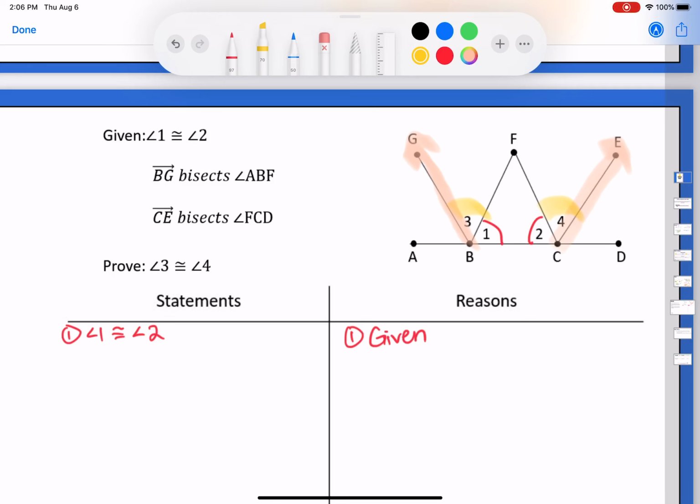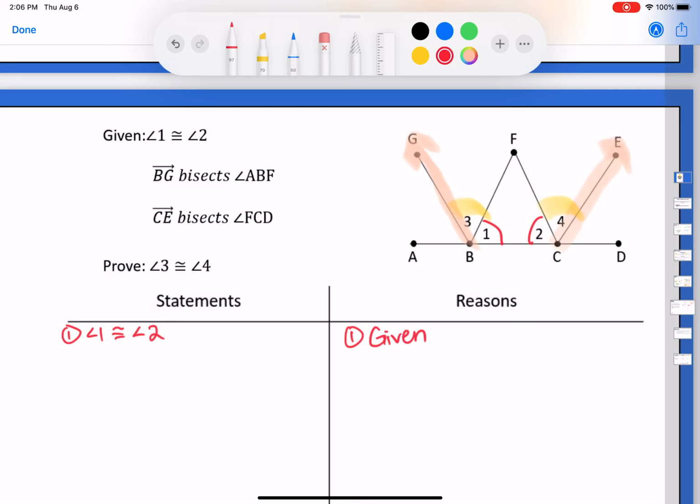Now notice I use my highlighter. I don't know that yet. That's my goal. That's what I'm trying to get to. Sometimes it's easier if you see it in your picture so that you can make your plan a little bit. I know angle 1 is congruent to angle 2. I know those two big angles, ABF and FCD, are bisected, right?